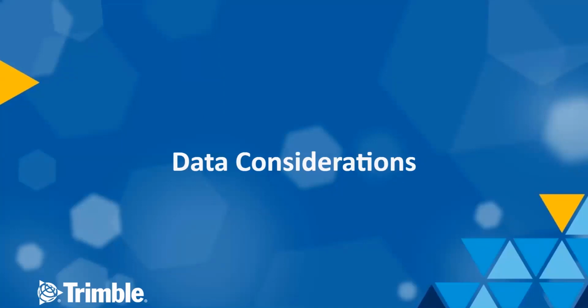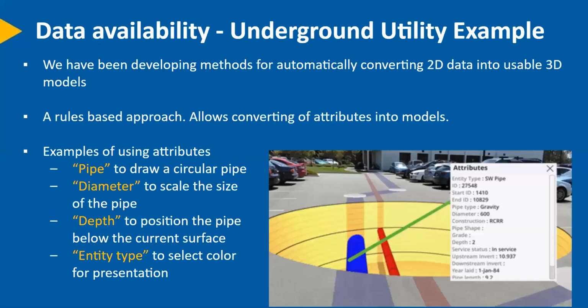Here's an example of underground utilities, where what's in your GIS or what's in the design is likely a 2D line, which has vertices, and it might have some attributes. But how do you translate those attributes into a visualized 3D model that is digestible by the user?